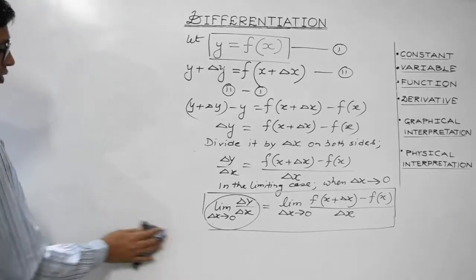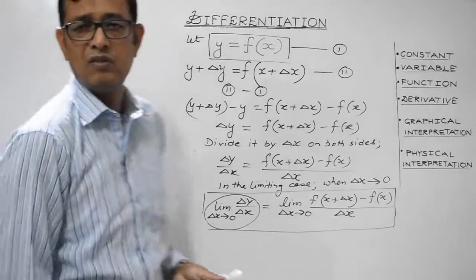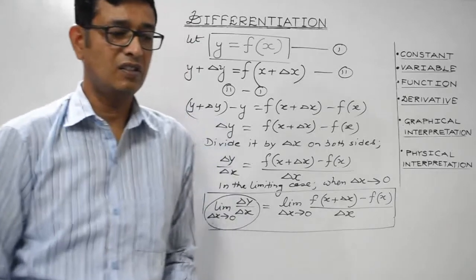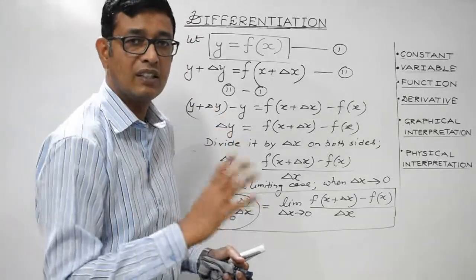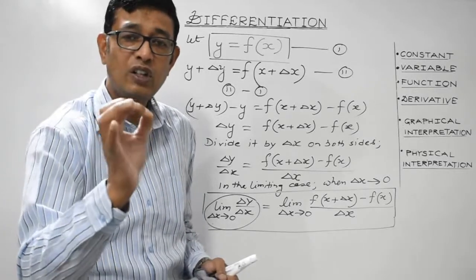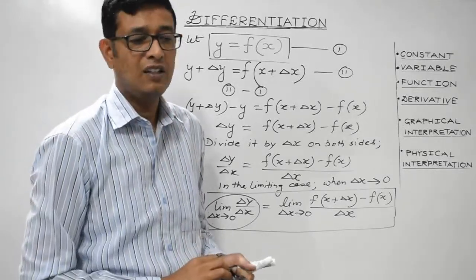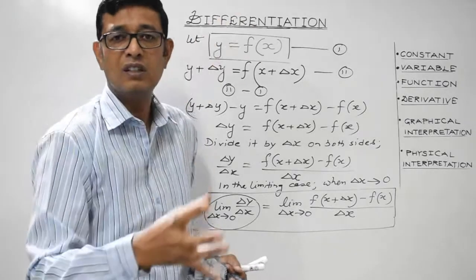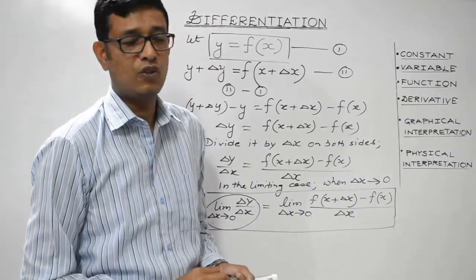So before I conclude this session, just 2 or 3 formulas we'll discuss. There are mathematical verification of these formulas as well. But being a physics teacher, I will be concentrating only on the formulas, right? In maths, you will study about the mathematical verification of these formulas.